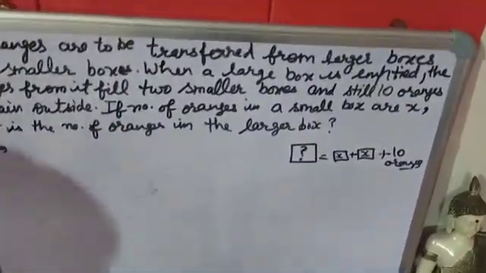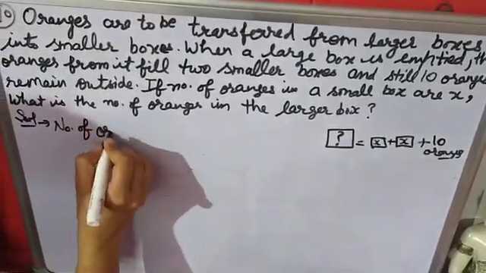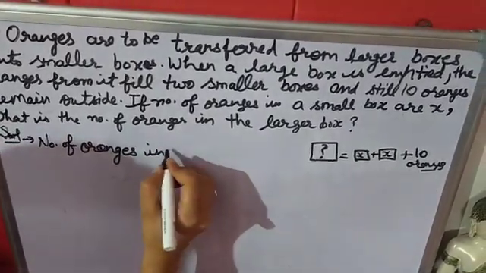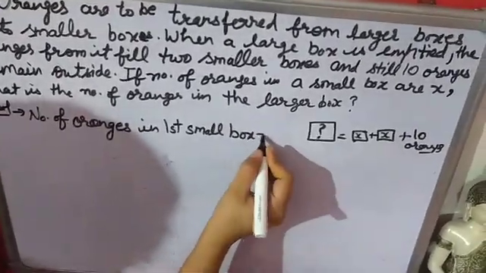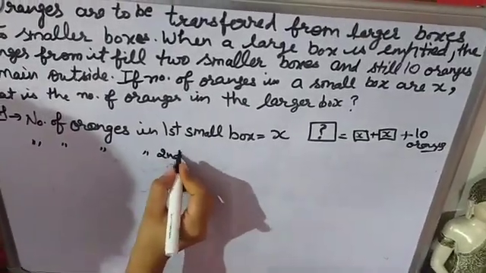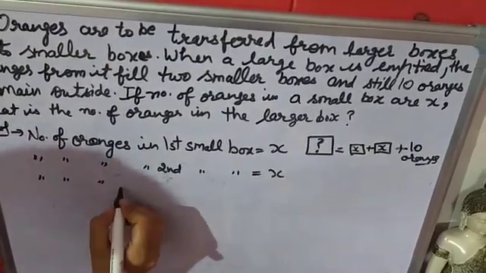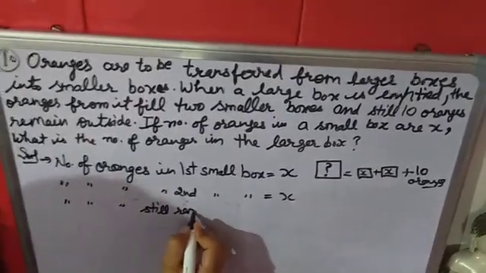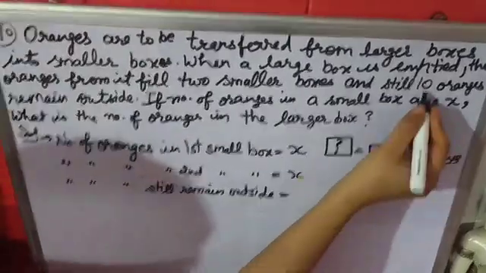So we will do this. We will write here number of oranges in first small box X, number of oranges in second small box X, number of oranges remain outside 10.